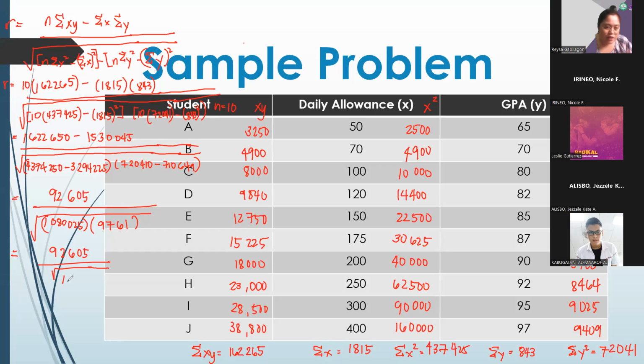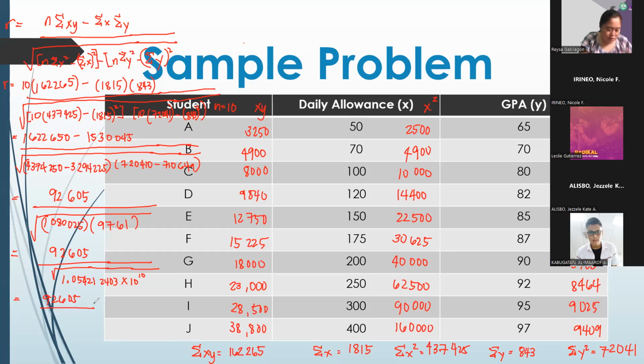Scientific notation. 1.052403 times 10 raised to the power of 10. And then we'll get the square root of this.